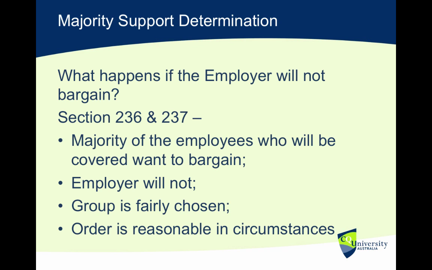Now remember what I said before, that's the point at which the issue of the notices telling employees that they can now appoint a bargaining agent, that's the trigger. So the employer now has to do something within the next 14 days.